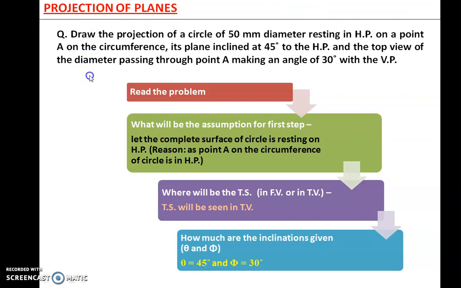So you can assume that you have a pro circle with you. You have placed the pro circle on the floor. Now you can say that the complete pro circle is resting on the floor.